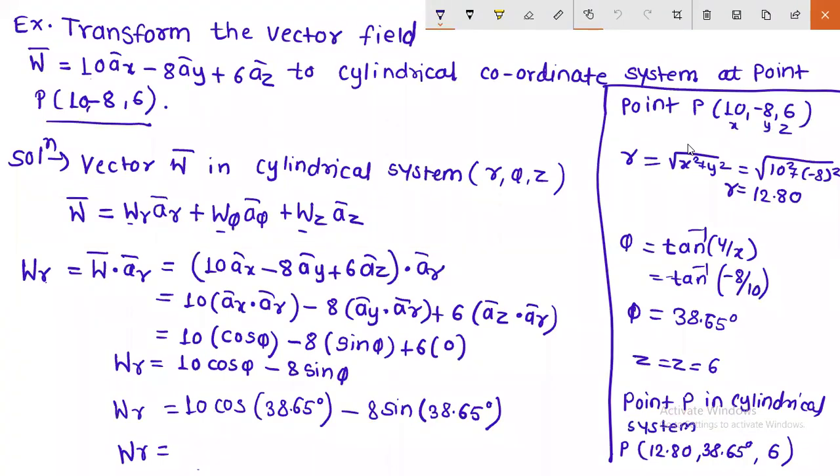So what is WR? If anyone solved, please tell me what is WR. Okay, so this is stray loss.